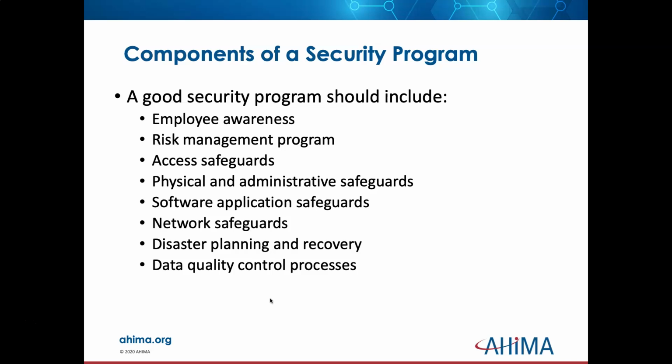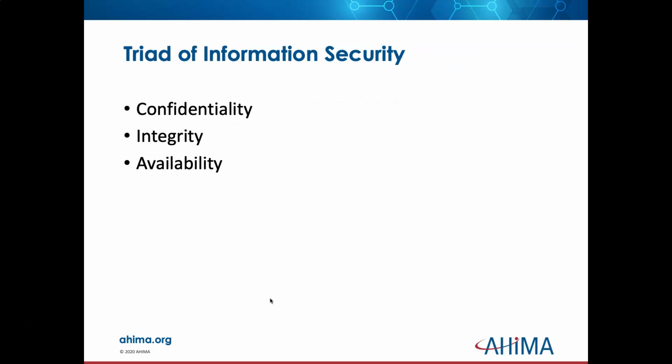So now we're up to page 306, and we're talking about the triad of information security: confidentiality, integrity, and availability. I'm actually looking, is that further along maybe? Maybe I went faster than what I thought.